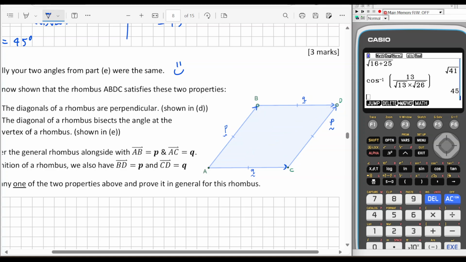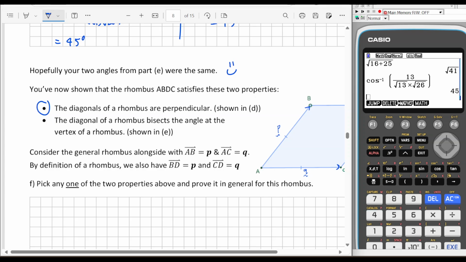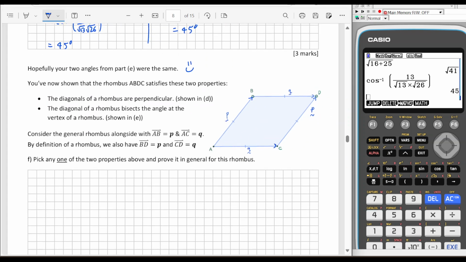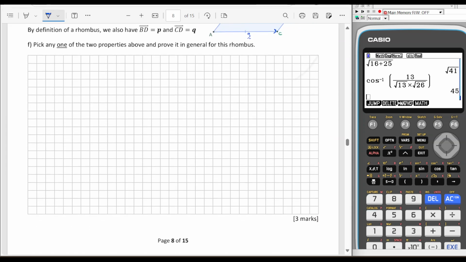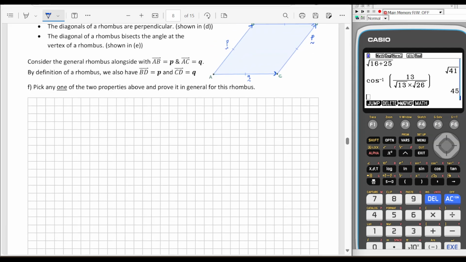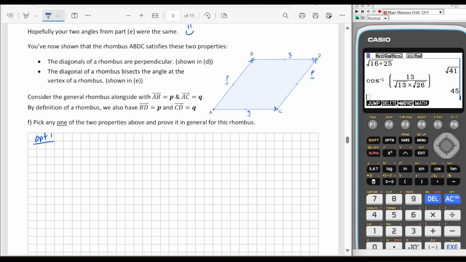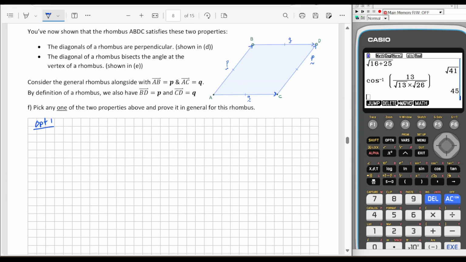So that was that first one that we showed. I want you to do just one of the two properties. I don't expect you to prove both. I'm going to prove both in the solutions just in case. So option 1 is just so that if you did do both, or if you did one or the other, you don't miss out on the answer.